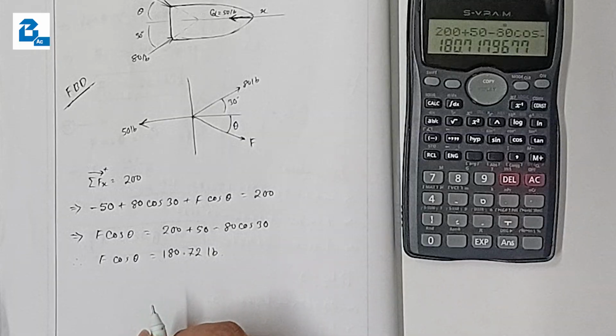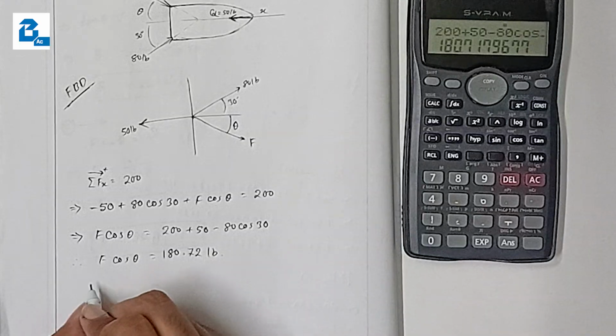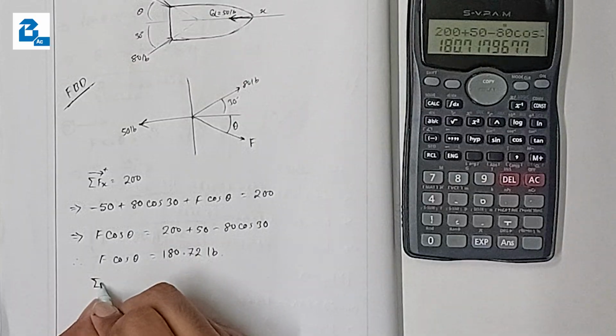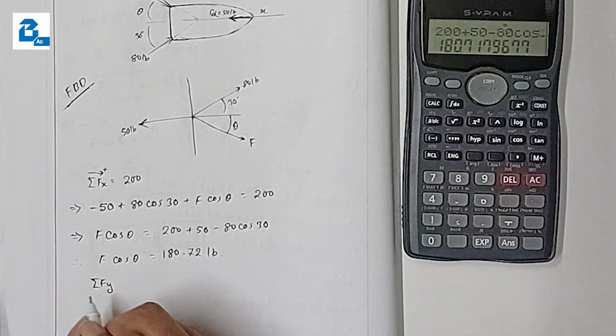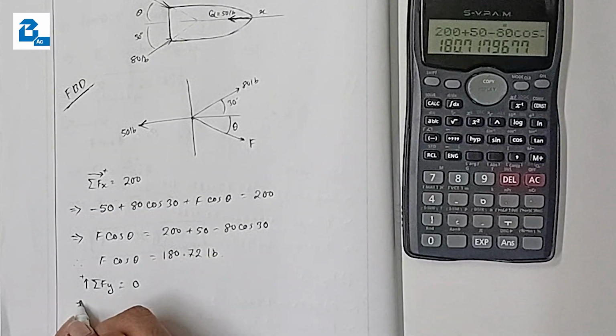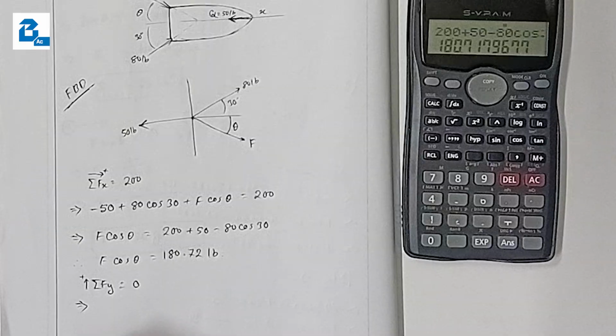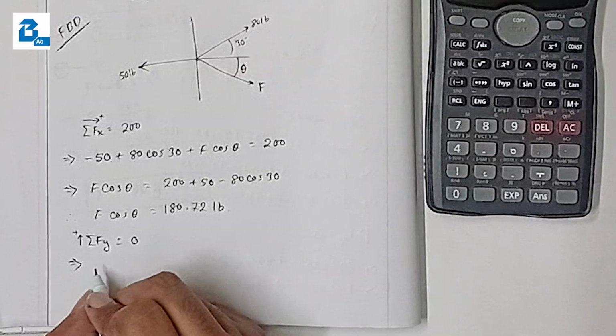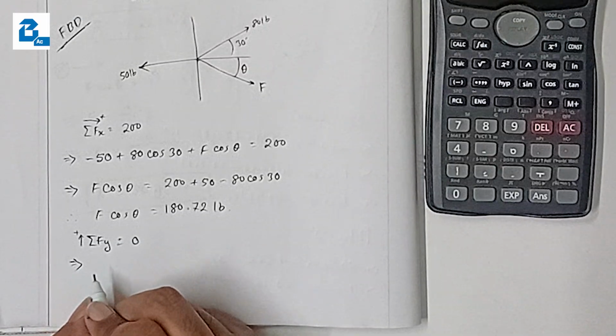Let's find out the summation of F of y, which would be in this case 0, and we will take the upward as positive, equals 0. And here the forces acting along the vertical axis are F and 80 pound. So let's write that down.